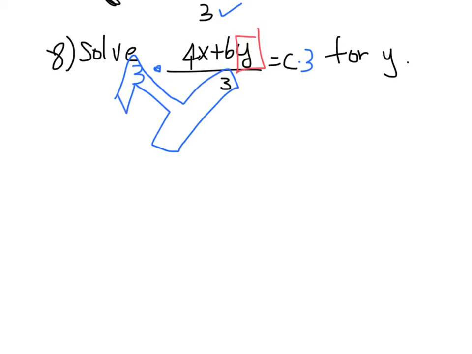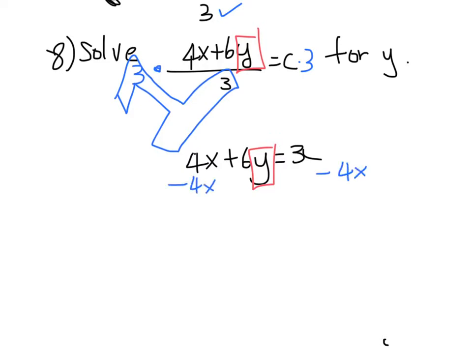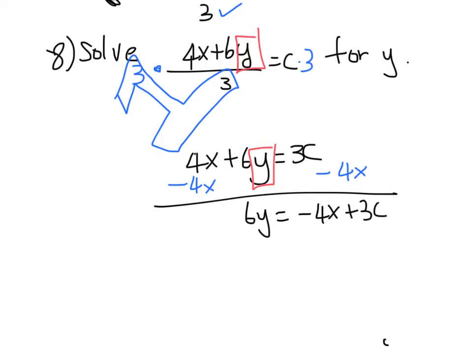Okay, so now I'm left with 4x plus 6y, which is equal to 3c. Still have to leave the y by itself, so subtract the 4x from both sides. And yes, this is a c. And then I'm left with 6y is equal to, and don't forget, I'm going to put negative 4x first, and then 3c.